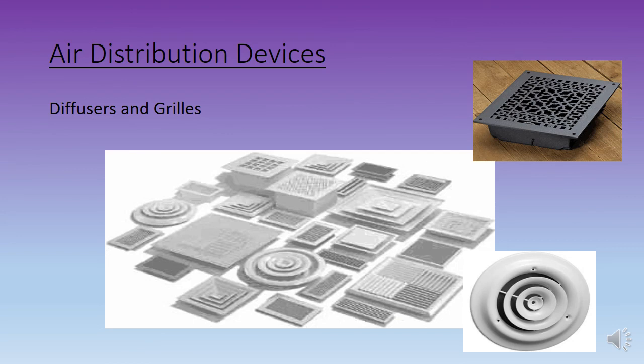Right, last but not least, we have diffusers and grills. As you can see here, there are many forms of diffusers and grills, depending on what type of air pattern you would want. For example, we have diffusers with four-way structure.